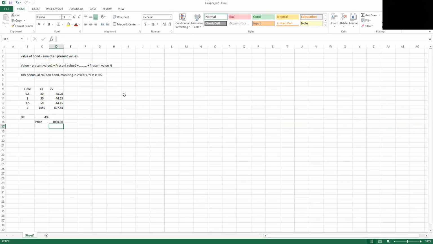Now, it's very important to understand at this point that there are some very important properties of this present value formula which we have just discussed.